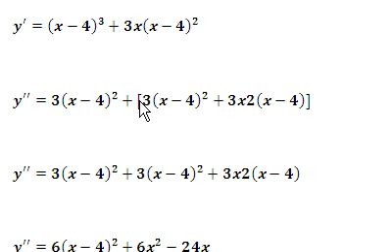We got the derivative of 3x, which is 3. And then I rewrite the second function, plus rewriting the 3x. And then we want to take the derivative of the x minus 4 raised to the second power, which means you're going to take the 2, bring it out front, rewrite everything in parentheses, subtracting 1 from the exponent, which just leaves us with a 1.